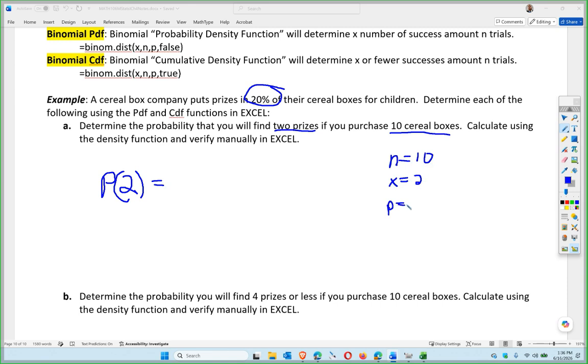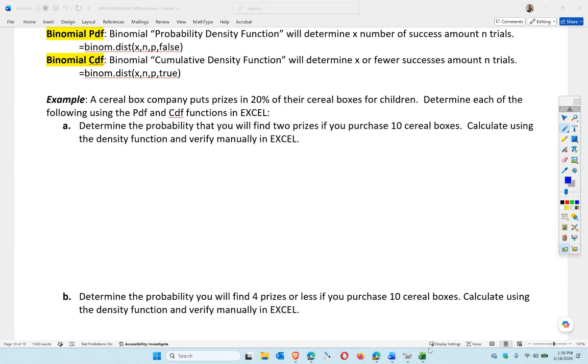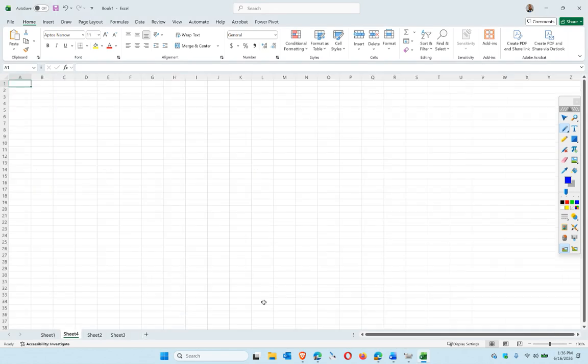The probability of success is 20%, and the probability of failure is 80%. Every time I open a box, 80% failure, not getting a prize, correct? So I want to use the correct function. Well, this is only one probability, so I want to use this one right here, one probability, essentially. Okay, so let's go to the spreadsheet. So I'm going to open a new tab.